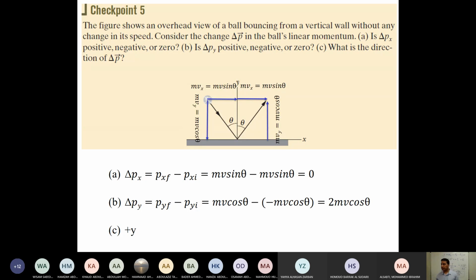When they ask for the last case, what is the direction of delta P? Since we know that delta Px is 0, the direction of delta P will survive just from delta Py. So delta Py is obviously to the positive y-axis. Therefore, the total momentum change direction will also be to the positive y-axis.